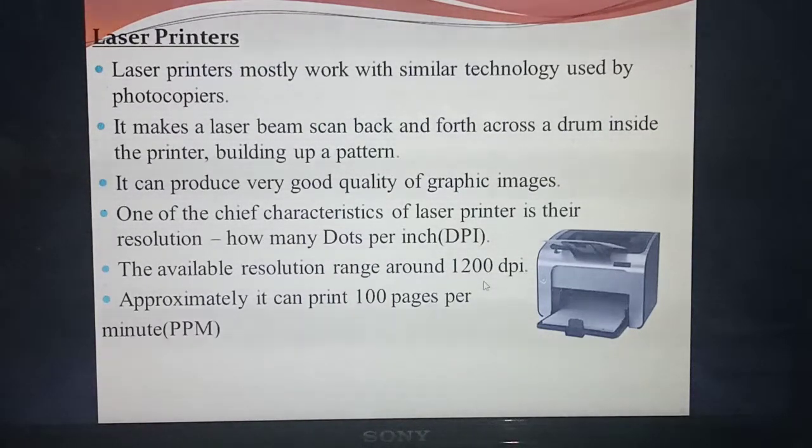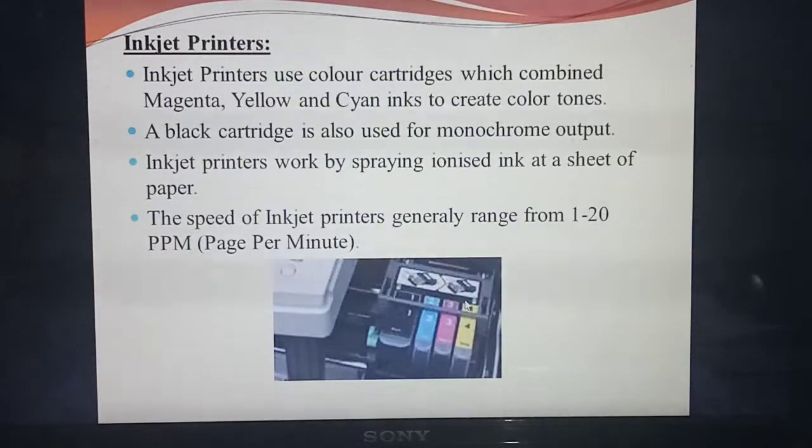Approximately, per minute it can print how many pages? 100 pages. So the laser printer works based on laser technology. Inside, a drum-like structure is there. First it scans the entire paper, then it prints in good quality.